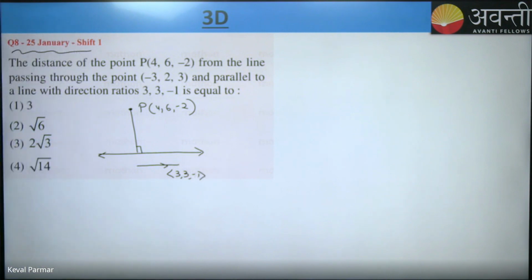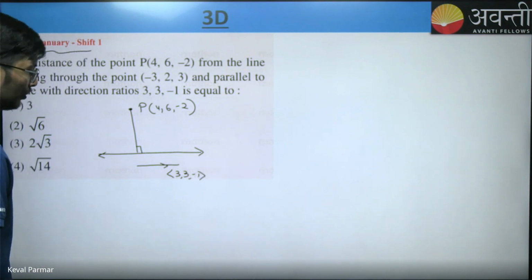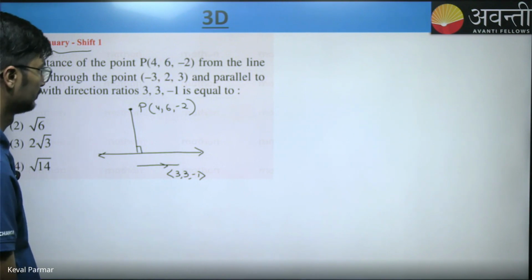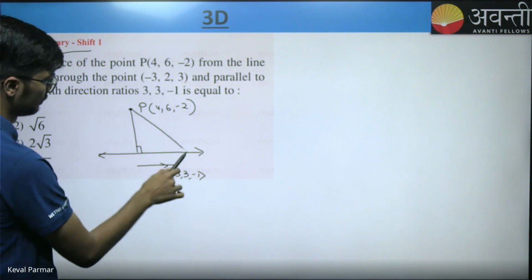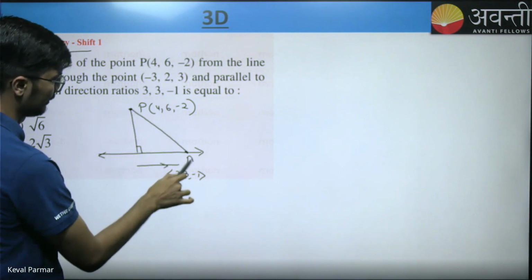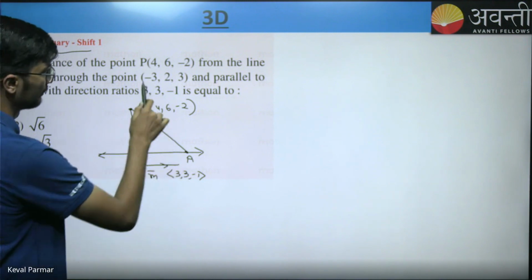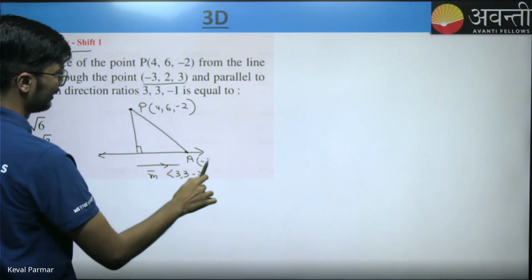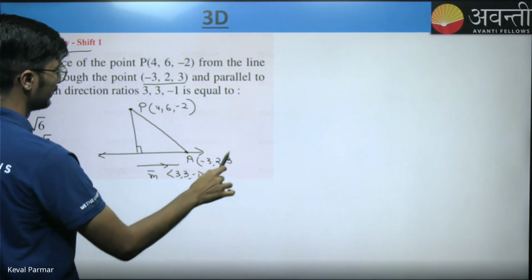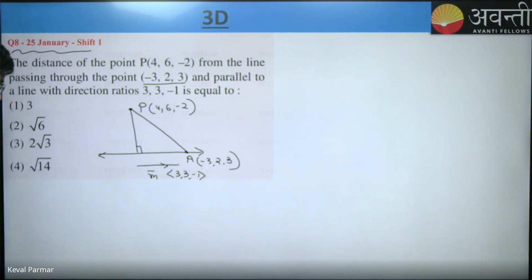Right, guys? So what are we going to do? Here it is a point A, let this be M. The line passes through the point minus 3, 2, 3.